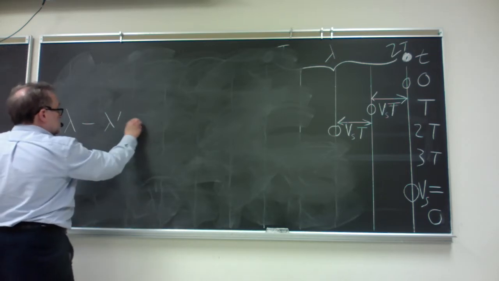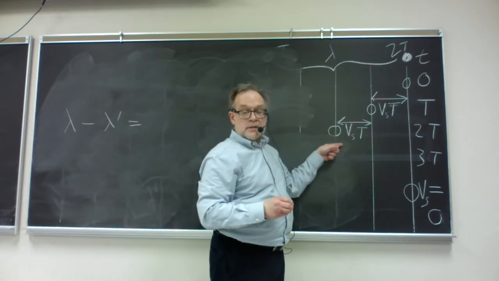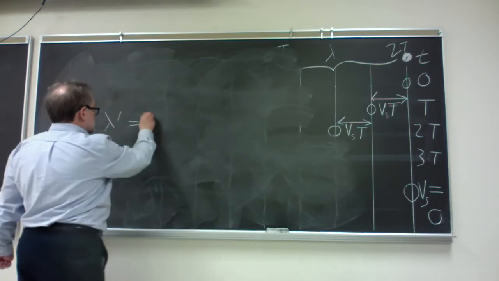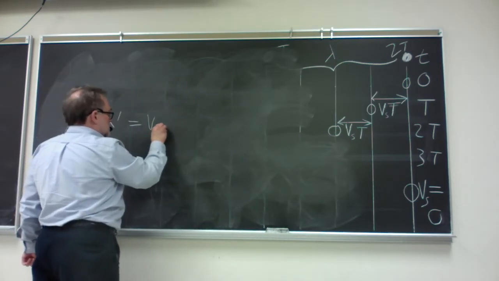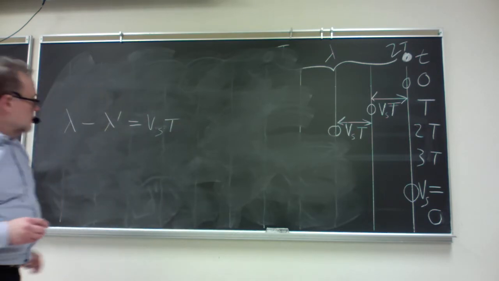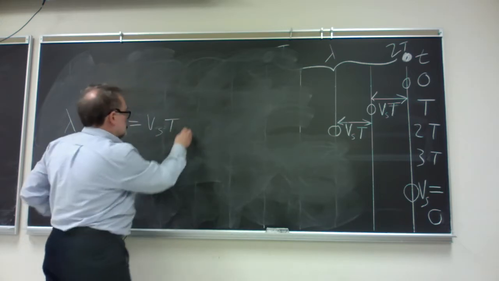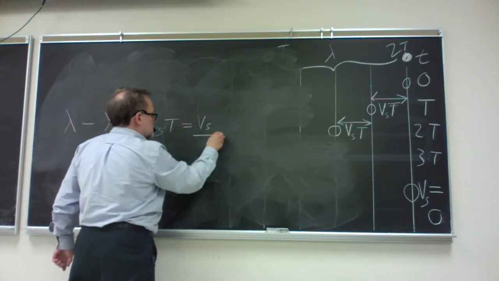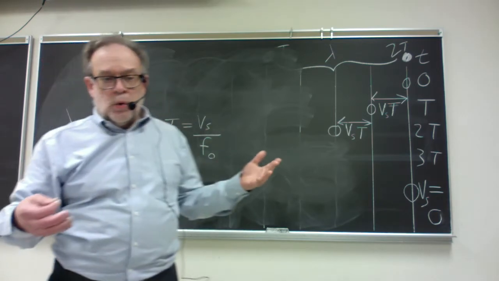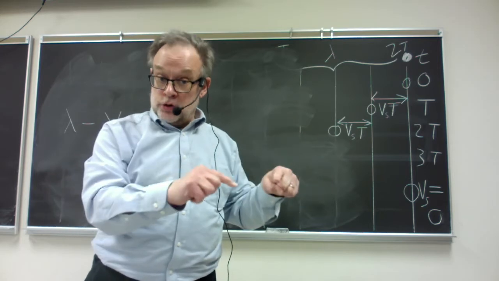And that difference was, just as I said, this distance here, the distance that the source moves in one cycle, which is just velocity of the source times one period. Period and frequency are inverses of each other, so let me write this as velocity of the source divided by f0. f0 is what we will call the frequency of oscillations at the source.